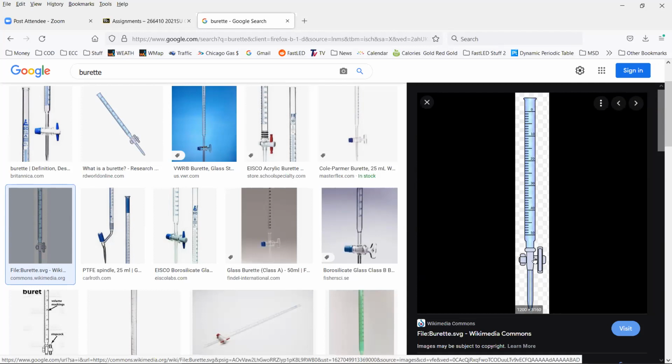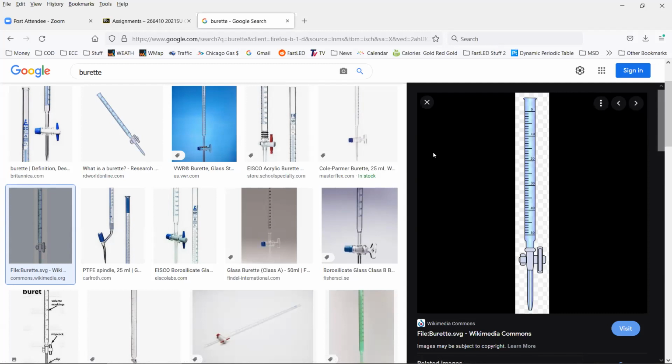The valve is called the stopcock, and you can control how much goes down into a beaker underneath. It starts from zero up here, and as you add, the liquid goes down, and the difference from where you started to where you ended up allows you to find out how much of an acid or base you've added to another acid or base.